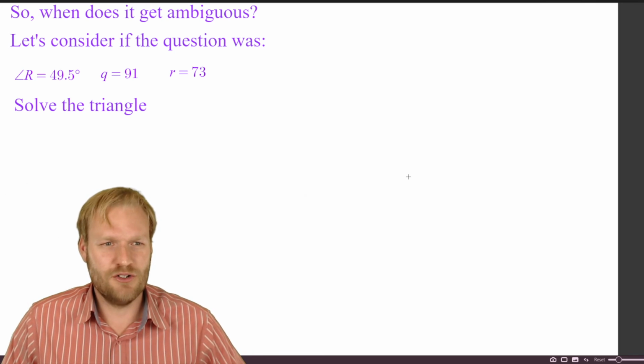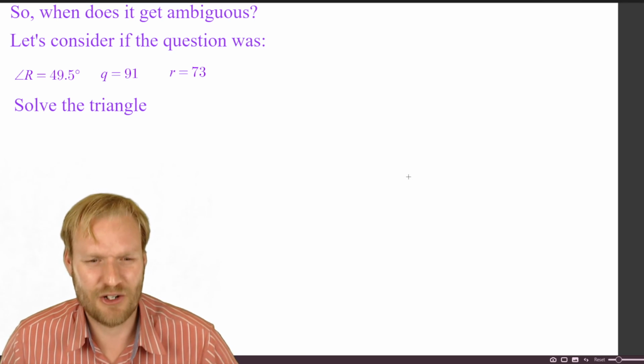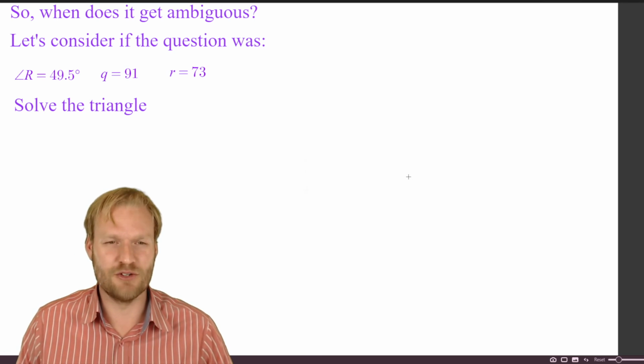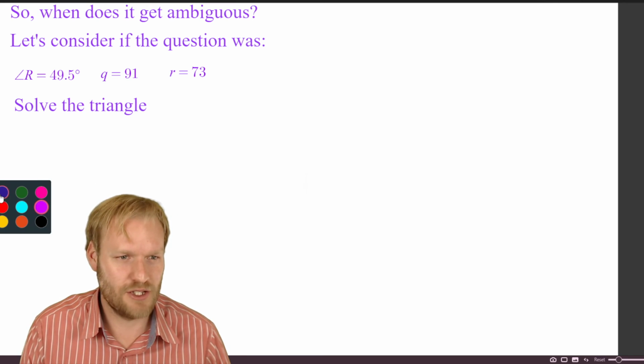Draw your triangle and maybe just take a guess at how you think you're going to know that it's an ambiguous case. Well, let's draw it and see. So we've got PQR.